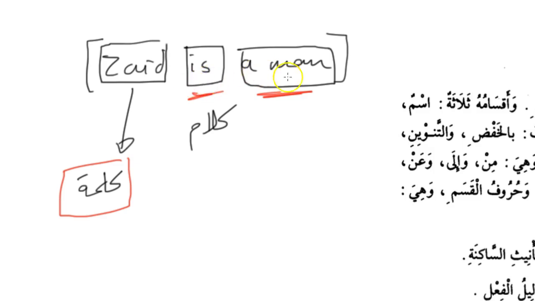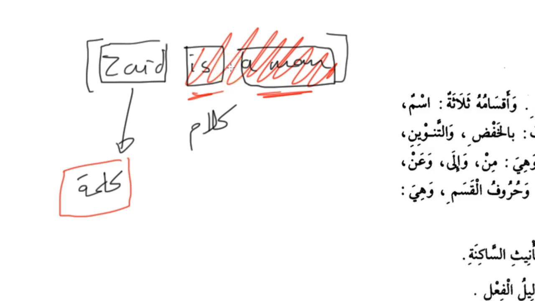So Zaid is a man. This is what we call a sentence in English. If I was to cross out that, if I just said to you the word Zaid on its own, then that word on its own is not a complete sentence. It's not what we call mufid bil wada'. In other words, it doesn't give you the full meaning of what I'm talking about.